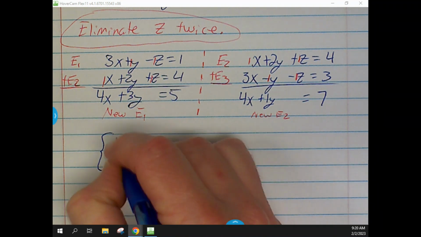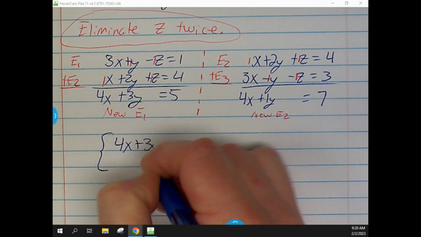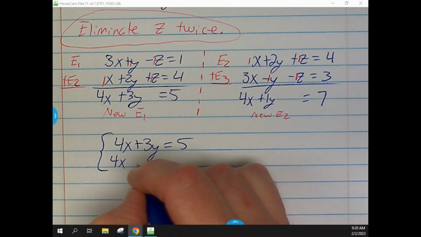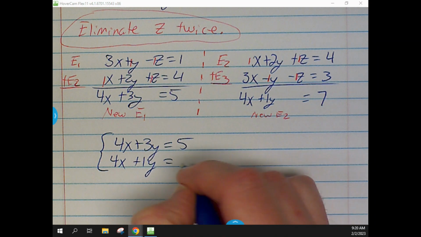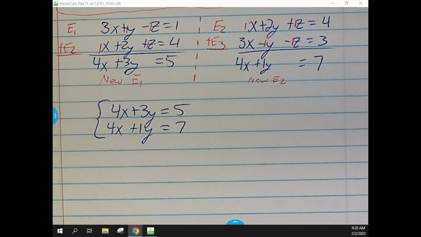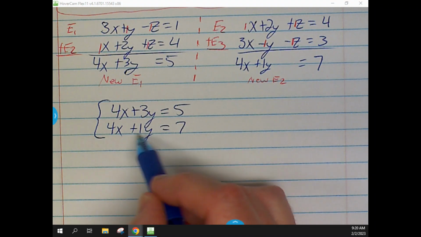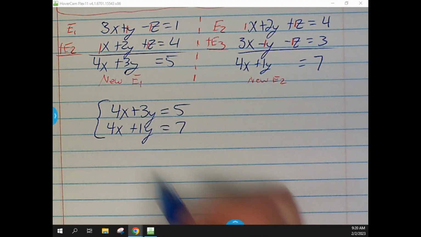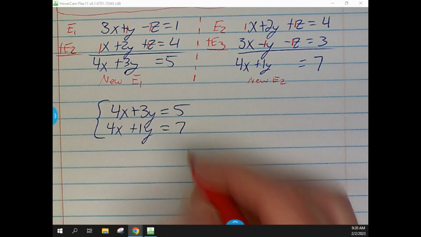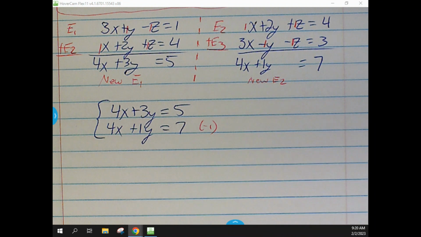All right, and then pulling those two things together, we have new equation 1 and new equation 2. And this one works out really nice because you've got two pretty easy options. You can multiply this equation by -3, so you'd have 3 and -3. But probably the easier option is, since this is 4 and 4, let's just multiply that equation by -1.